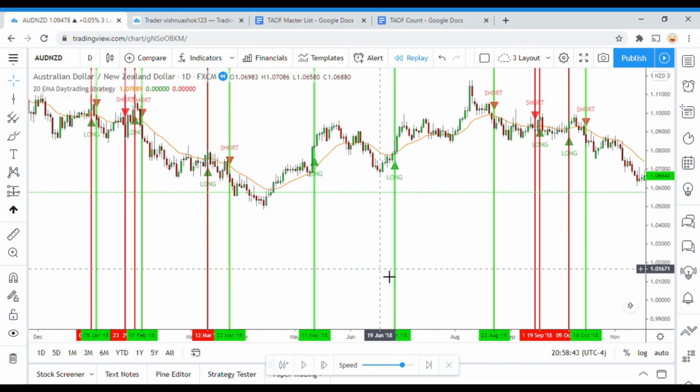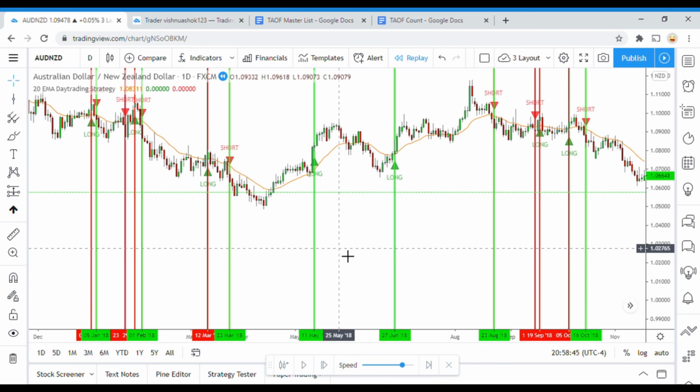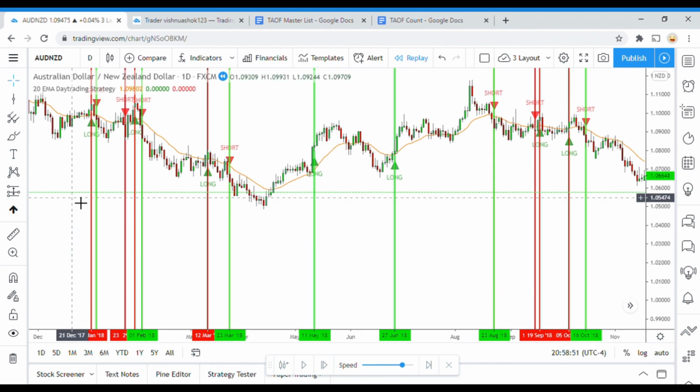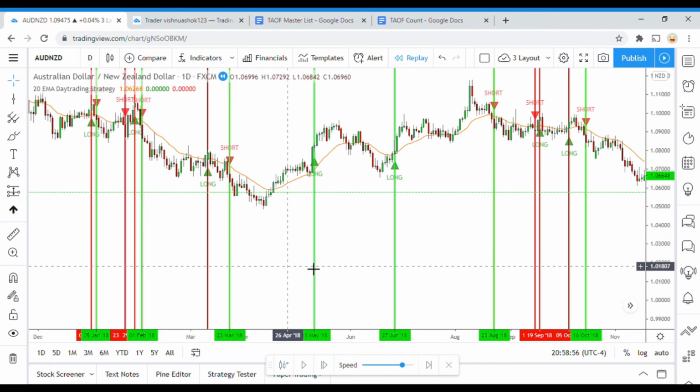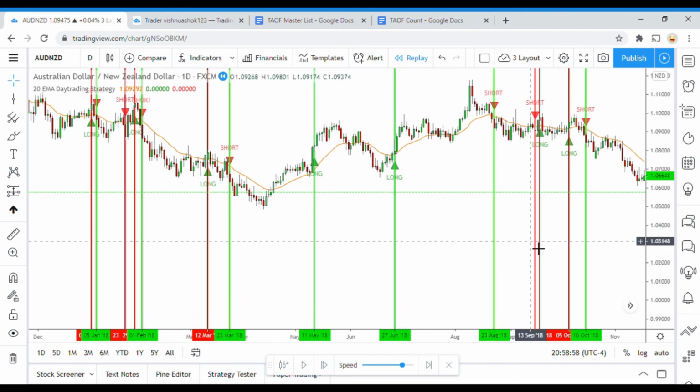Okay, so not a whole lot of signals. So it wasn't overtrading, wasn't really undertrading either. So let's see here. Let's count them out. 1, 2, 3, 4, 5, 6, 7, 8, 9, 10, 11, 12, 13, 14 trades.